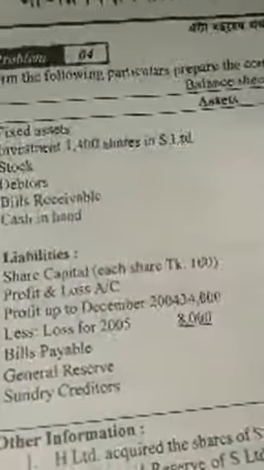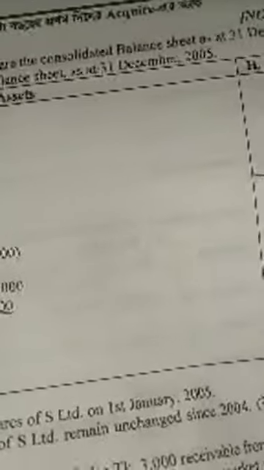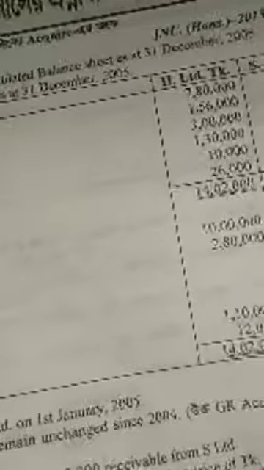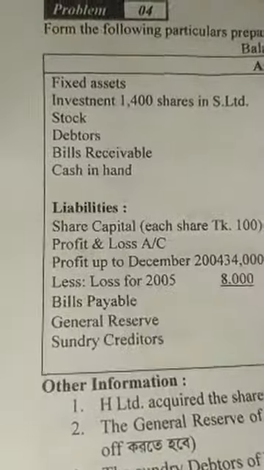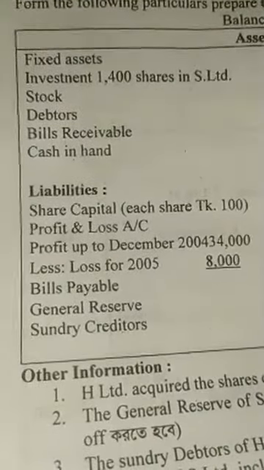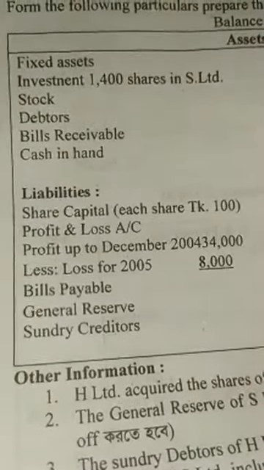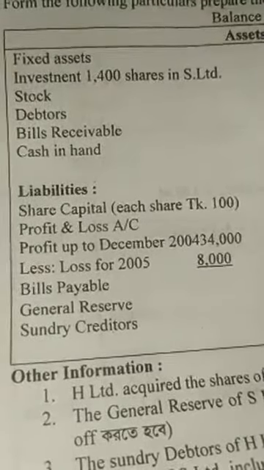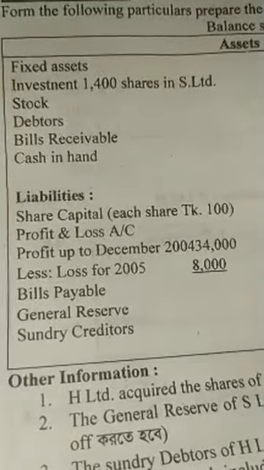From the following particulars, prepare the consolidated balance sheet as at 31st December 2005. We are given a comparative balance sheet, and after acquisition we have to prepare a consolidated balance sheet.